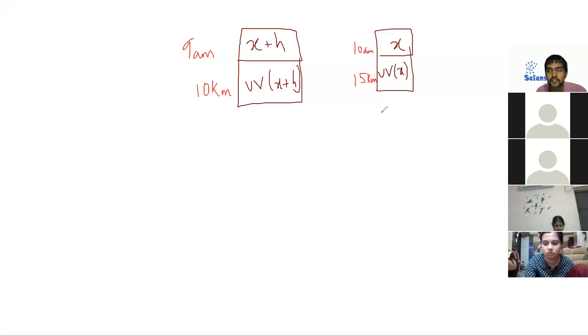What is final? Final is 15. Initial is 10. Is 15 the speed or is it the position? Position. Sorry, position. It is a change in position divided by the time, right?